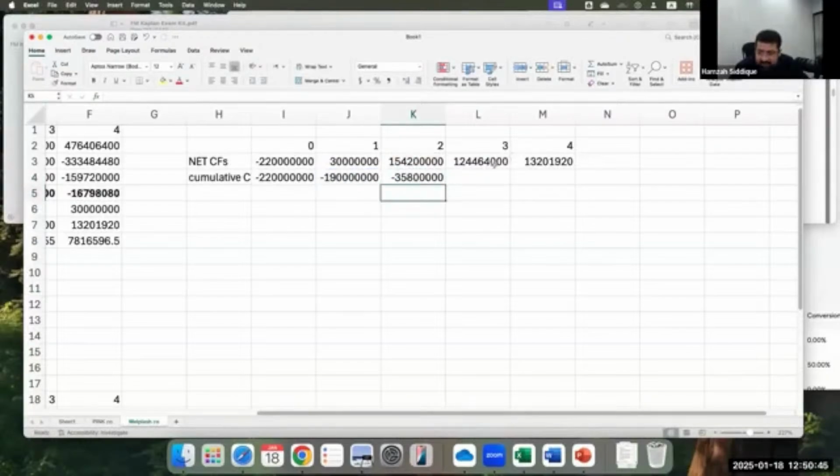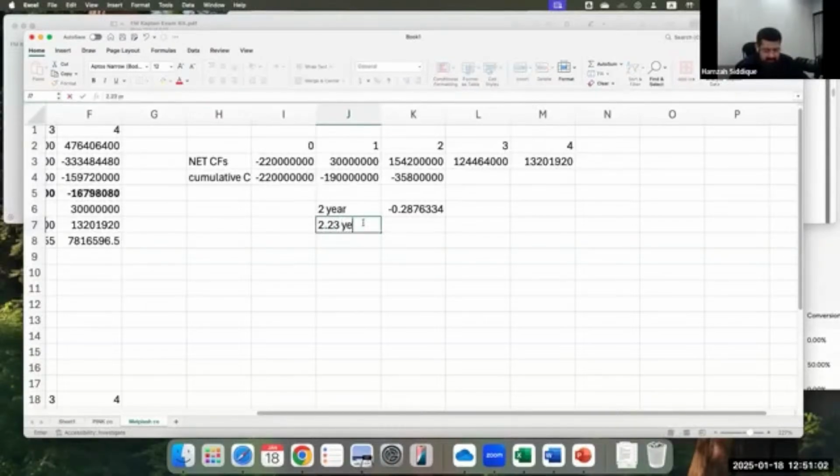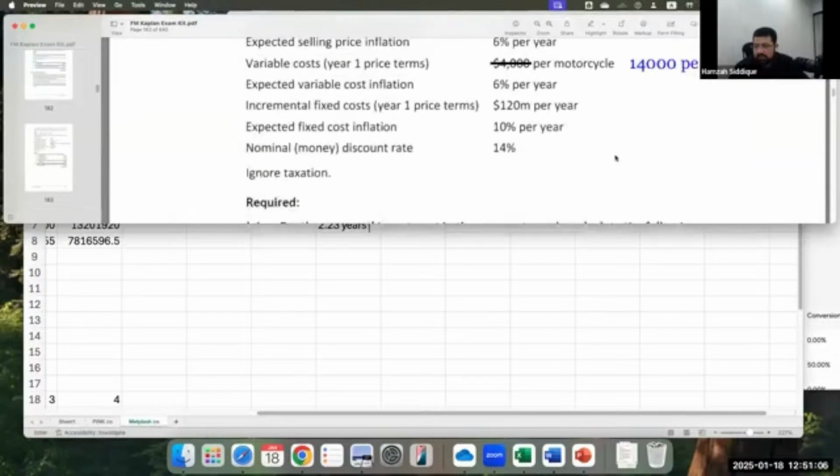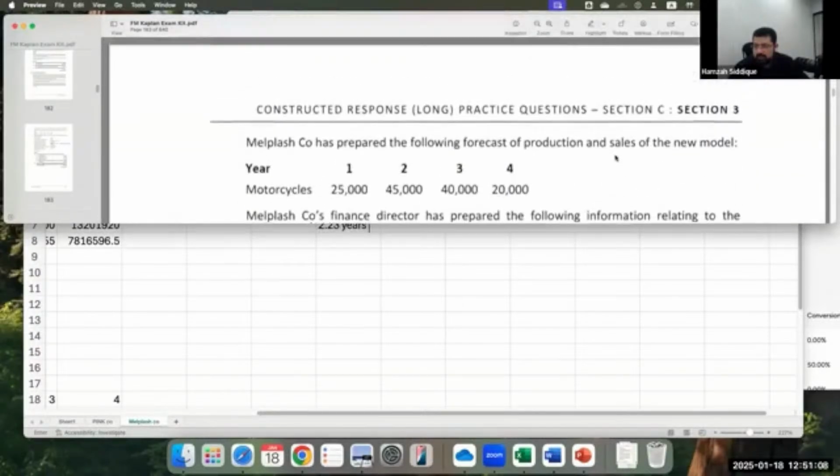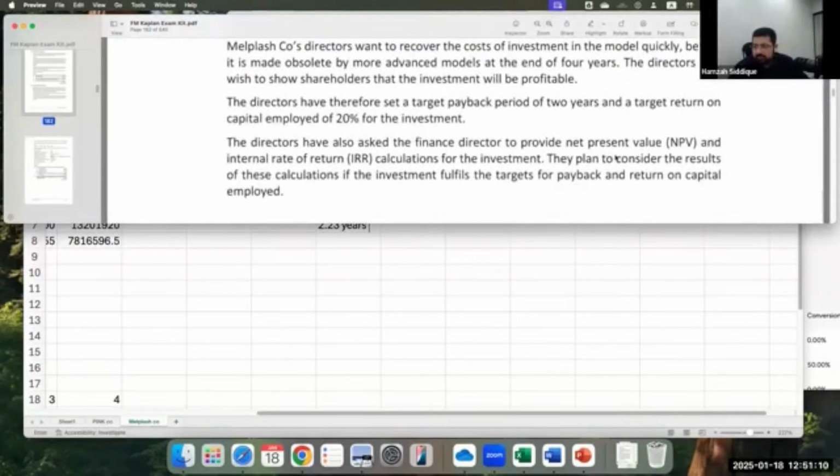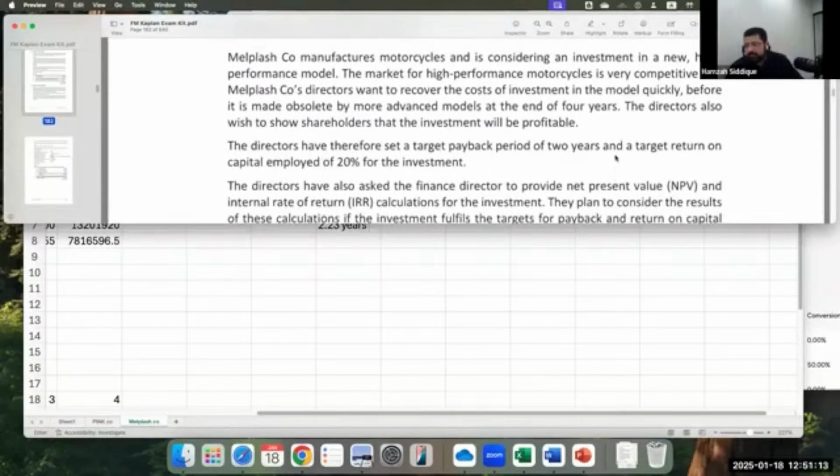Now this is needed. Part of year 3 will be utilized. 2 years complete. Part of year 3 how much? This divided by this. 2.23 years. 2.23 years.